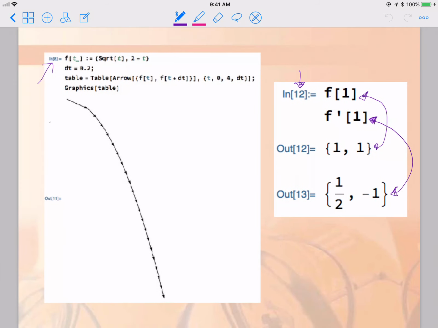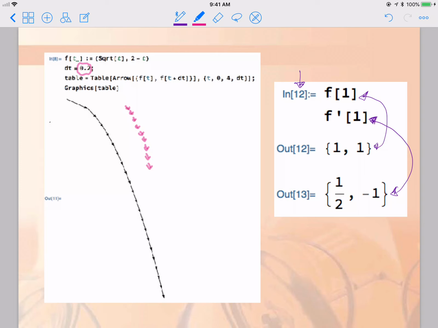Okay. All right, so you want to make sure that you have this handy because really what you can do is just cut and paste these formulas here and then modify it, right? So what do we mean when we say play around with it? Change 0.2. What happens if we set dt equal to 0.1? That means we should have twice as many arrows, right?